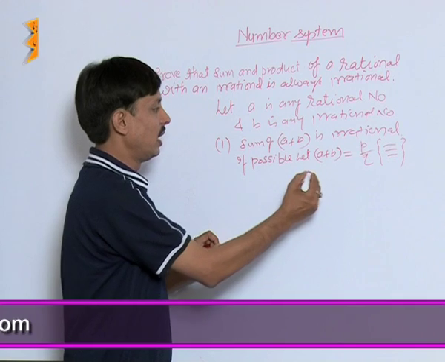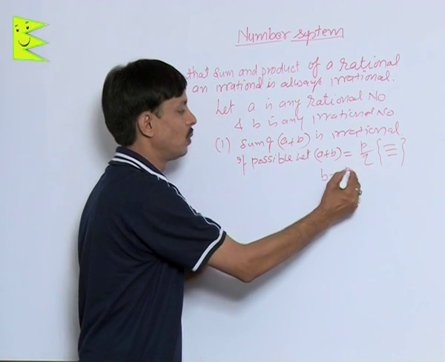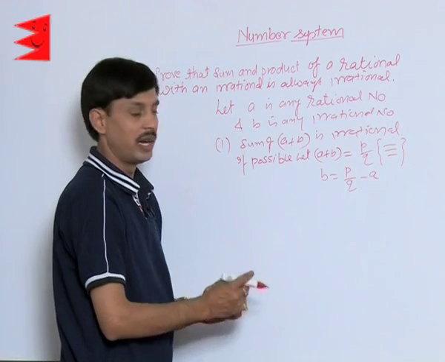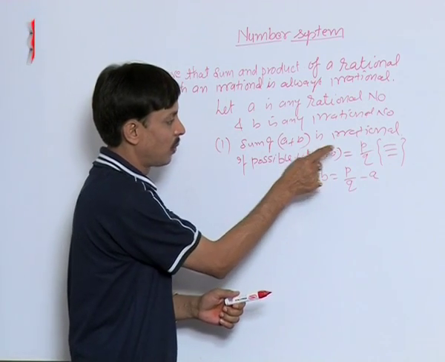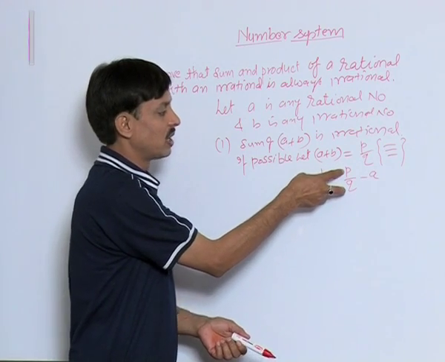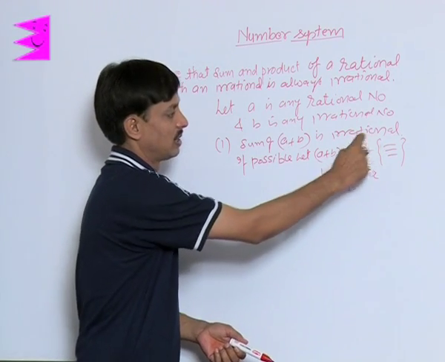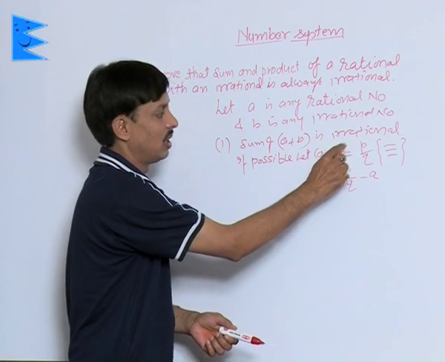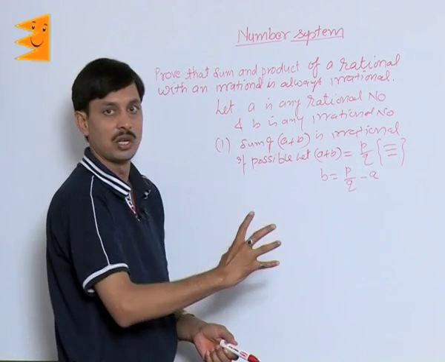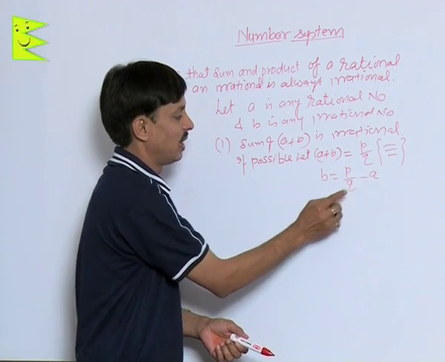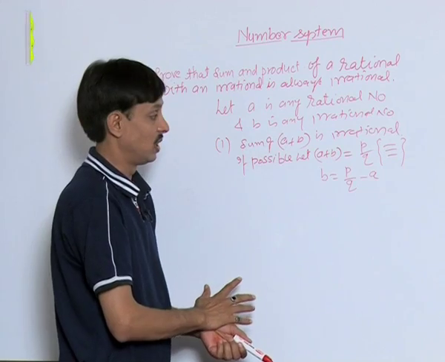I can say that B is equal to P by Q minus A. What I did is shift this A from the left to the right hand side. P by Q is a rational number, as I have taken that the sum of a rational with an irrational is rational. Contradiction, wrong assumption. B is equal to P by Q minus A, that is rational minus rational.